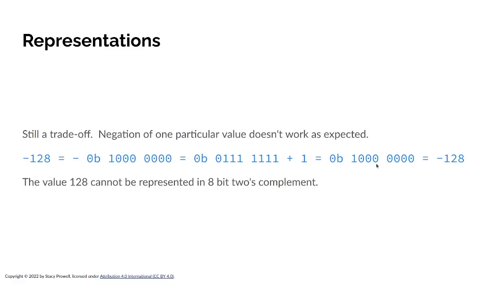It's still a trade-off. There's a weirdness. If I take a -128 and it's represented like this, and I negate it, I'd flip all the bits and add 1, and I wind up with this, which means negating -128 gives me -128.